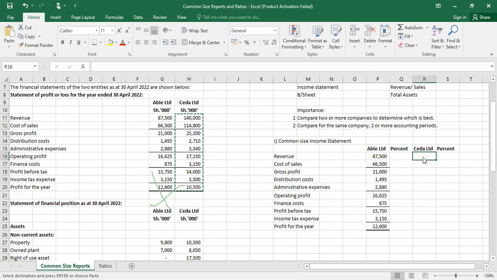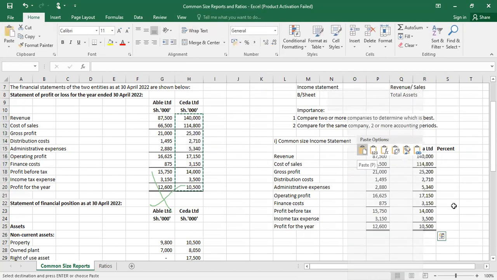So for the common size financial statements, we prepare the normal financial report, but besides it, we accompany that with a percentage ratio for each and every line item in the report.